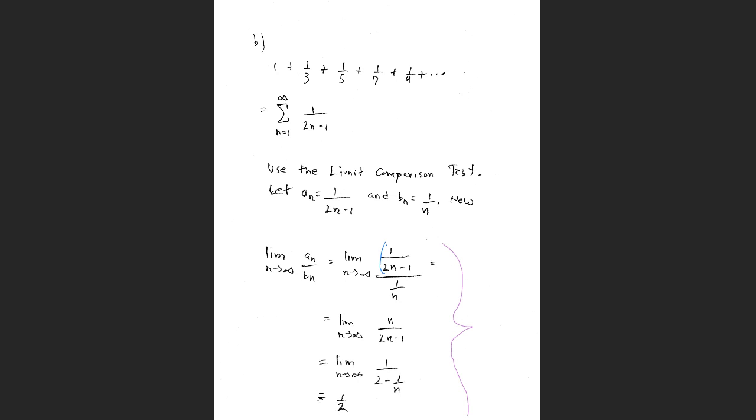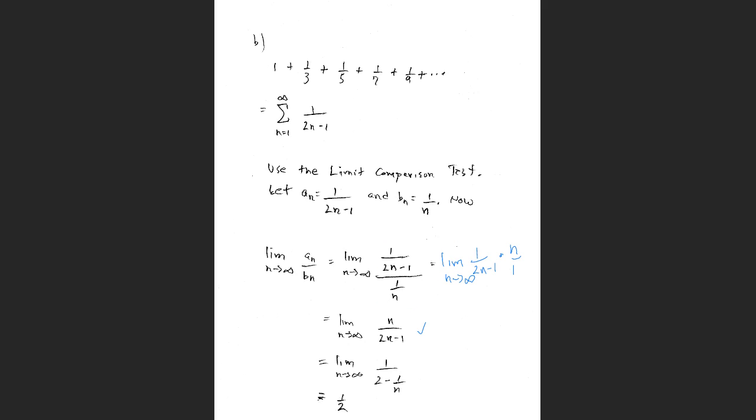What I do here is multiply. No, hold on. Let me put in an extra step here. So think of multiplying by the reciprocal. And that gets you n over 2n minus 1.